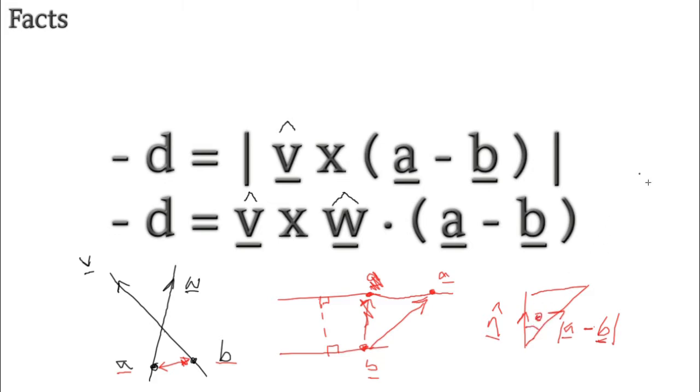By definition, the dot product is the first vector a − b, this is the length. So if we dot this, a − b dotted with n hat should give us the modulus of n hat, which is 1, times the modulus of a − b, times cos theta.